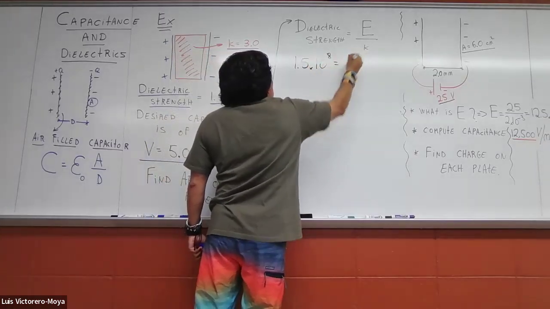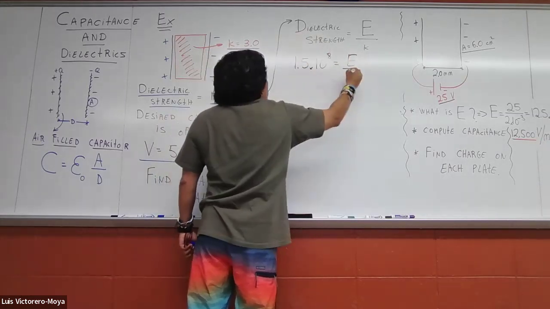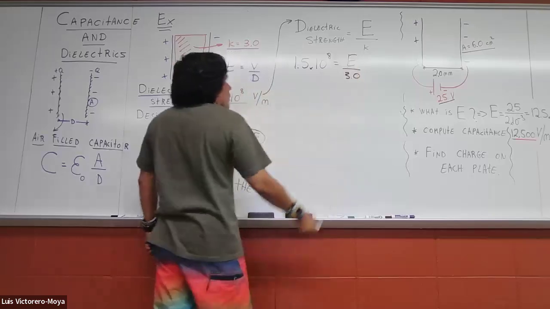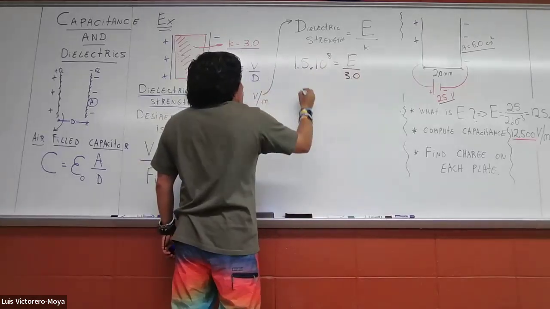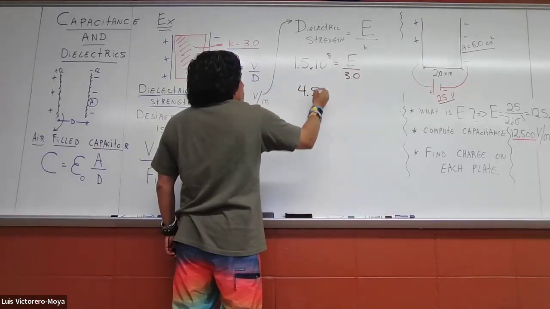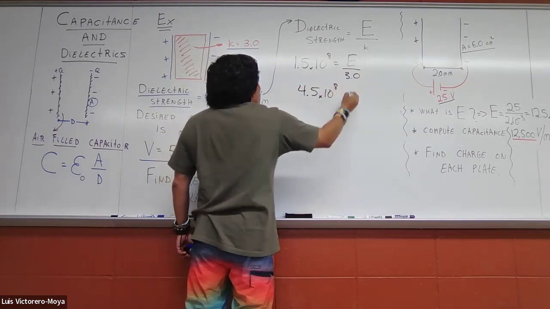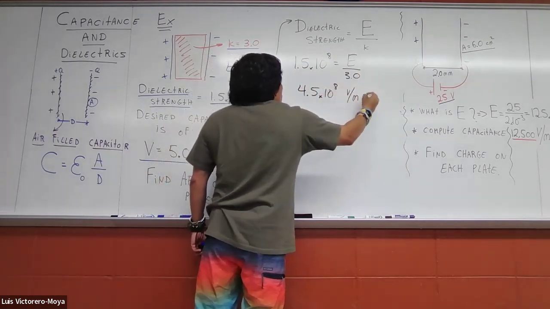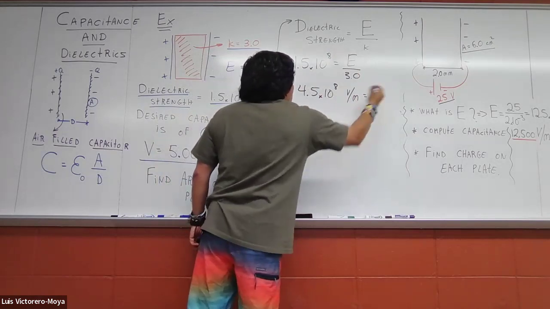That's E divided by 3.1. If you do the math here, you get 4.5 times 10 to the 8 volts per meter for the magnitude of the electric field.